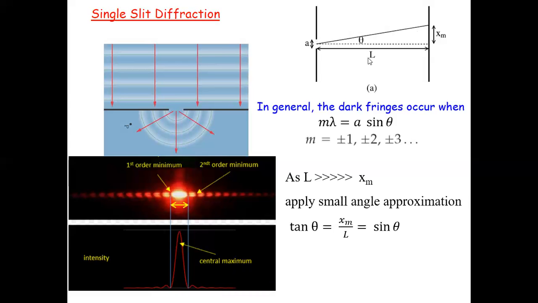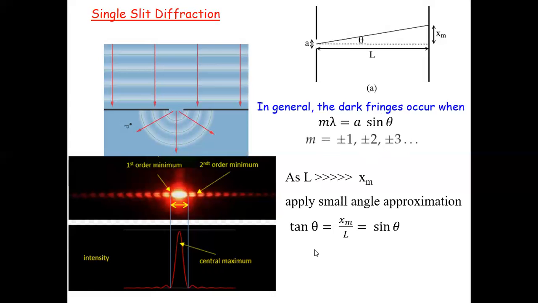It is not 100% correct or 100% equal, but it is an approximation for our calculations, right? So here we can write that tan theta is xm over L, and that's equal to sine theta. Why are we interested in sine theta? Because our first equation for the dark fringes is m lambda equals a sine theta. If we know the sine theta value, then we can write a really nice equation for m lambda.